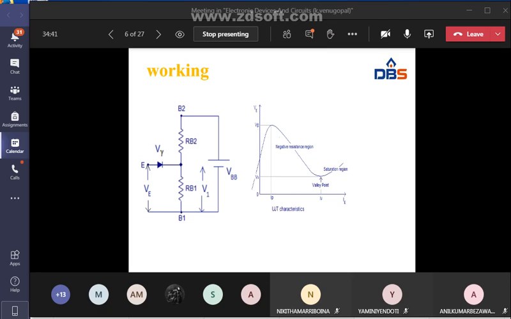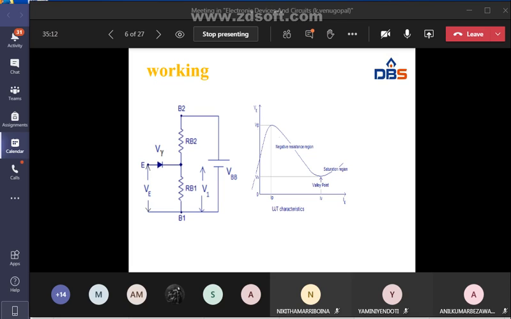So this region is called the negative resistance region. After this valley point, it enters into the saturation region. Before the valley point, the UJT is in the negative resistance region.